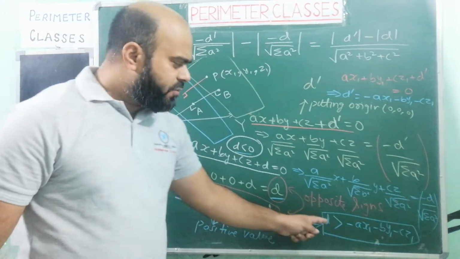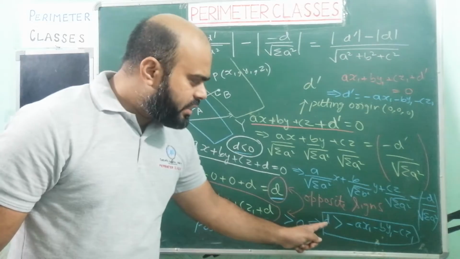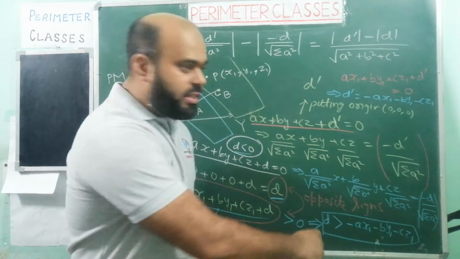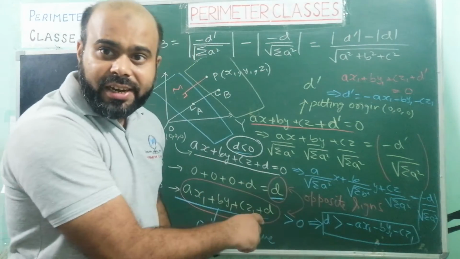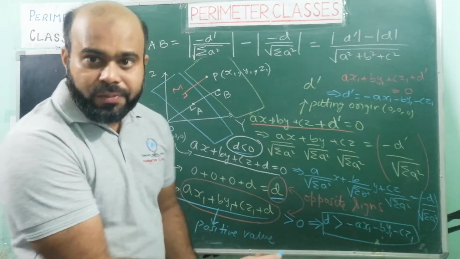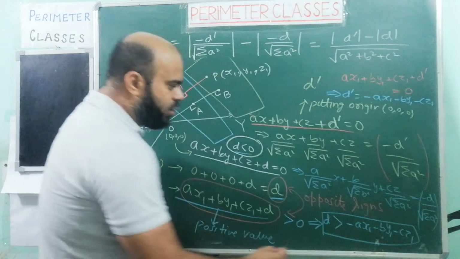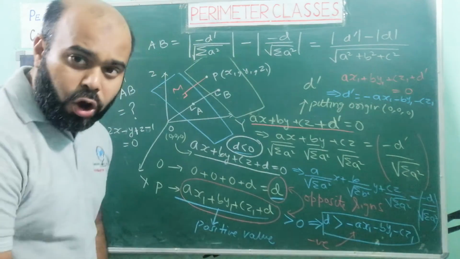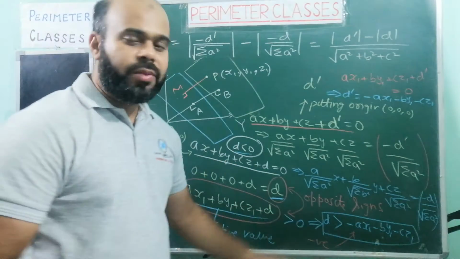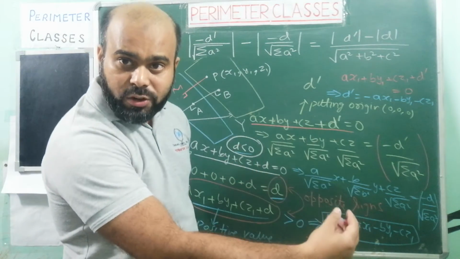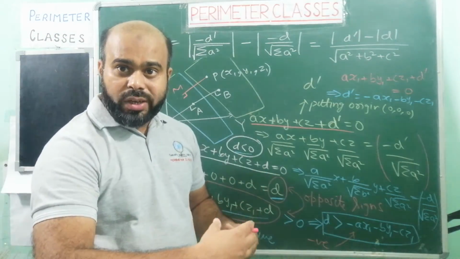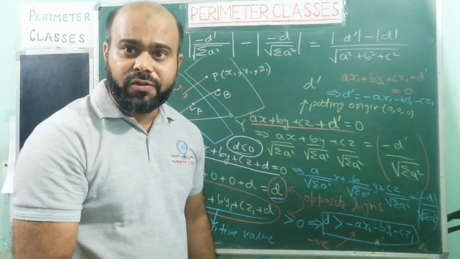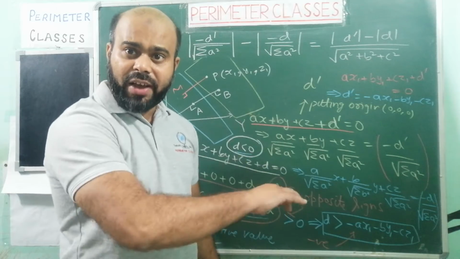Now d is a negative value, and this negative value is greater than some value, so obviously the value from which it is greater has also to be negative. So this value is also negative, because d is negative and d is greater than this value. A negative value is greater than some value, which means the smaller value is also negative because it is smaller than a negative value.